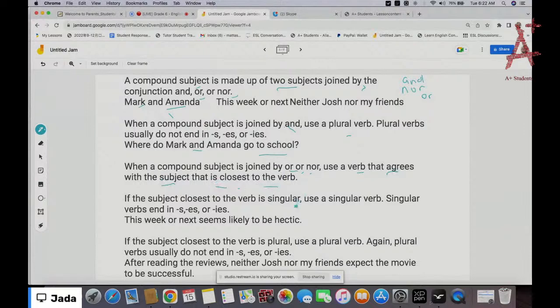So when you have "or" or "nor", you're just going to use the verb that is closest to the subject and makes sense. When they agree and they make sense, that is what you're going to use. Okay?